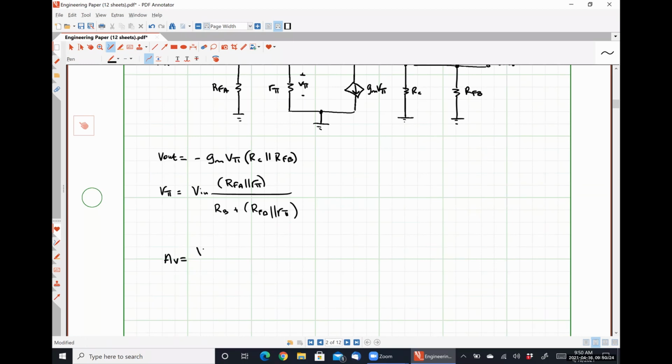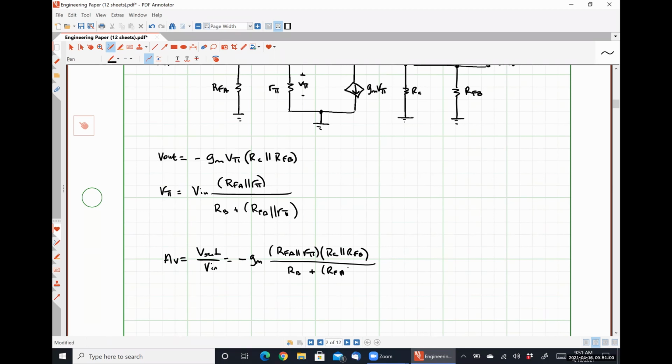A_v, which is v_out divided by v_n, is going to be negative gm, R_FA in parallel with r_pi, multiplied by R_C in parallel with R_FB, divided by R_B plus R_FA.